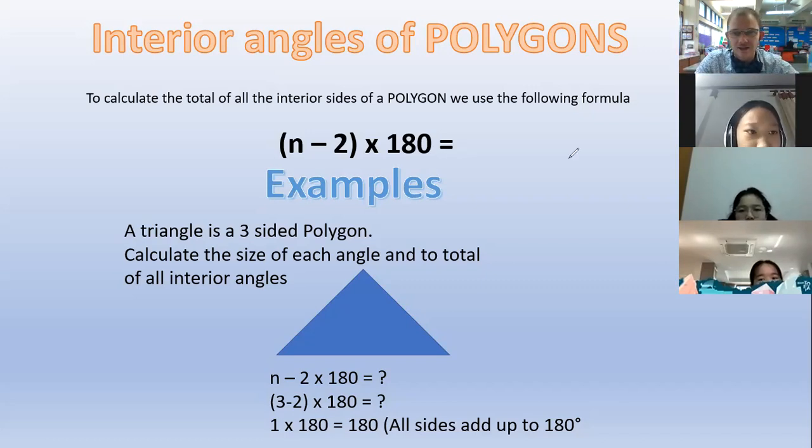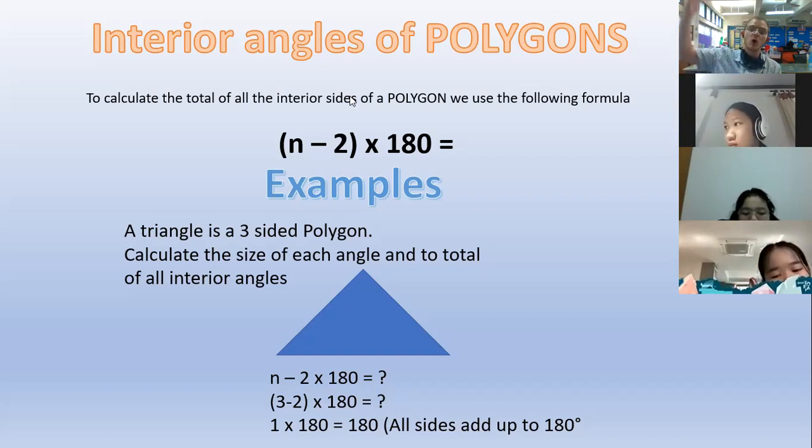Like when we calculated the perimeter of triangles, we used a different formula or method. The one thing that we are going to do a lot of in mathematics is formulas, especially when we get to the older schooling grades. If you get to the maximum level, mathematics becomes more based on formulas.